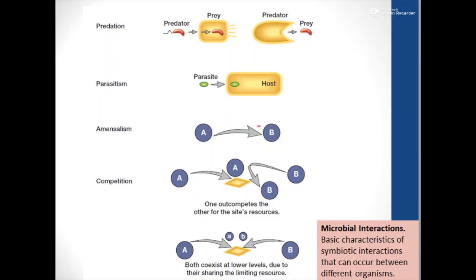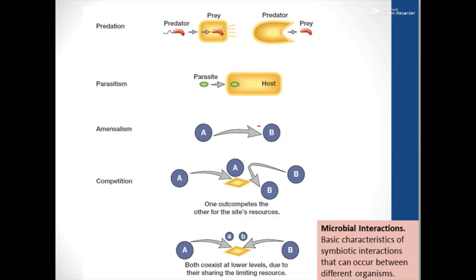Another example which we have is Didinium nasutum. I'll be taking it in detail, but I'm just giving you some examples. Didinium has been found to be predatory on Paramecia.